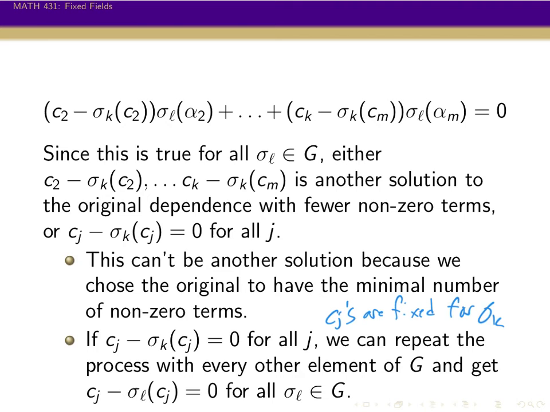And so then we can repeat this for any other element of the group that's not equal to the identity. The process is going to work out exactly the same. And so what we'll end up with is that Cj minus sigma L of Cj is equal to 0 for every element in G. We kind of skipped the identity, but for the identity this is trivially true, and so that is included in here too.